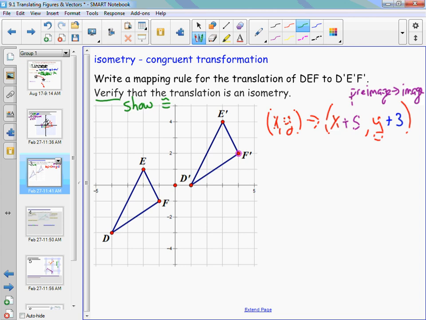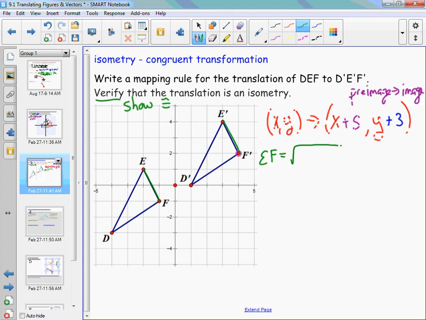Now, when we have triangles like this in a coordinate plane, most times you're going to be doing side, side, side. So what we will do is verify that EF is congruent to E prime F prime. And to do this, we're going to find the length of each.